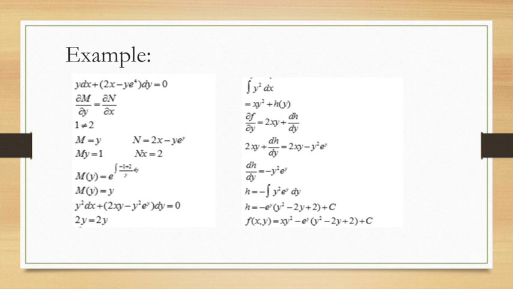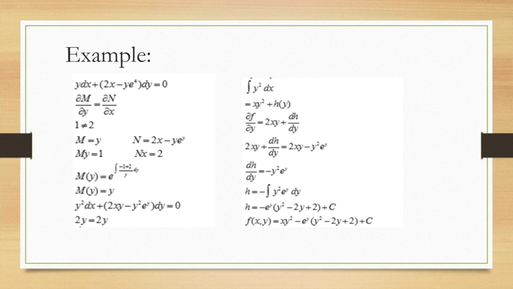So therefore in this case we need to choose mu of y as our integrating factor. Then we get mu of y is equal to e to the power of the integration of (−1 + 2)/y dy. Then we get e to the power of ln y. Then we get our integrating factor as y.